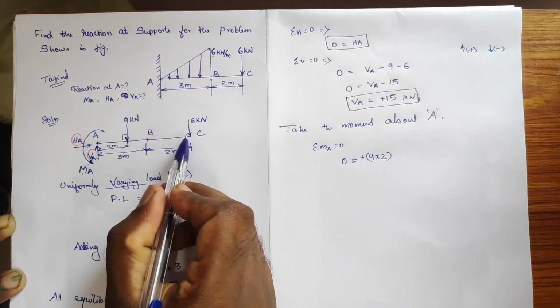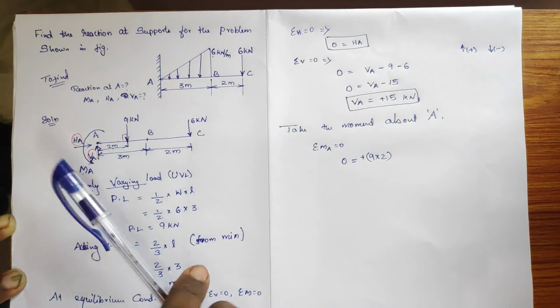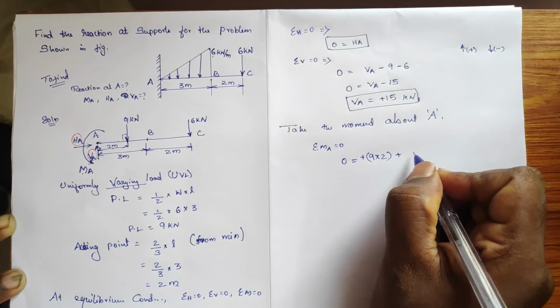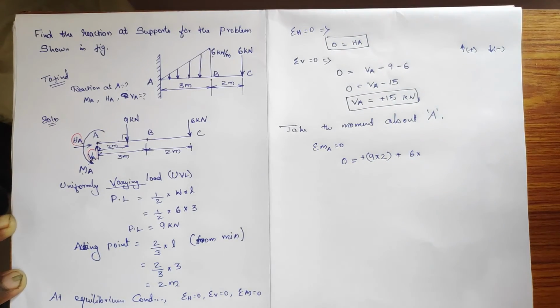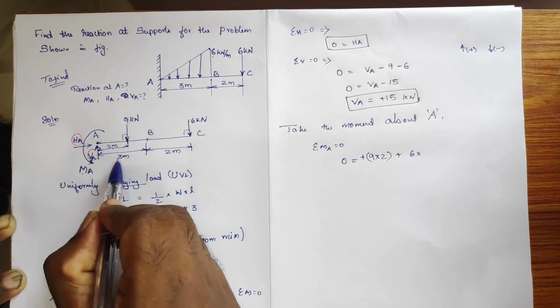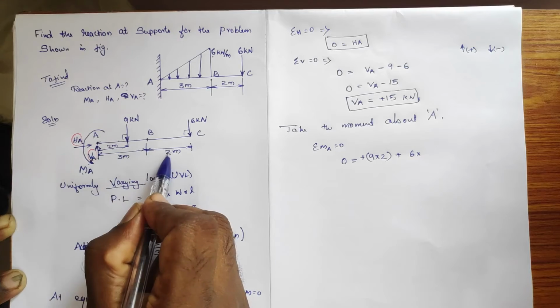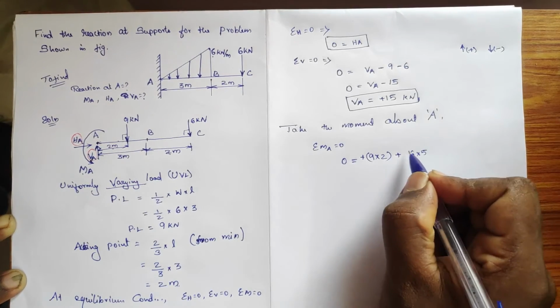Similarly, the 6 kilonewton force is in the same direction, so it rotates the beam in the clockwise direction, so it is a positive 6 into, what about the distance? Its perpendicular distance is 3 plus 2. This is the entire distance A to C, 3 plus 2 which is 5.